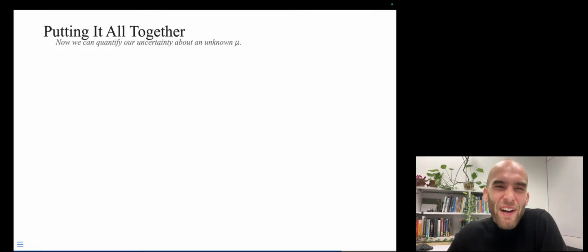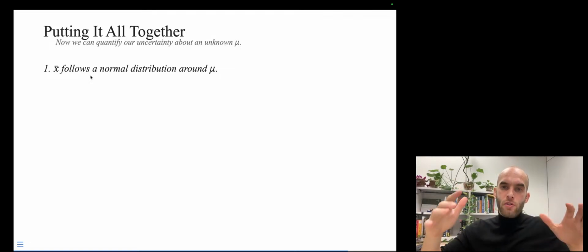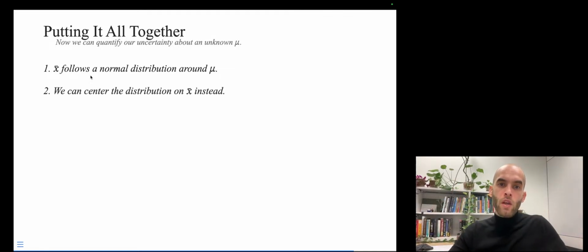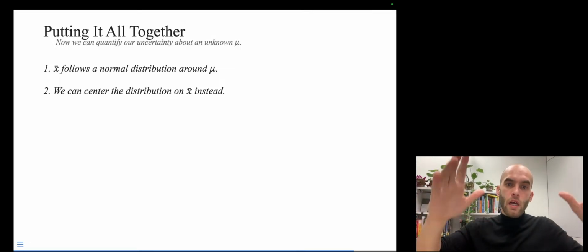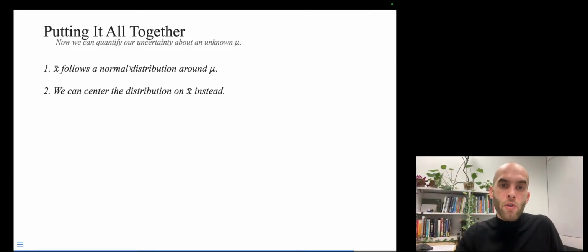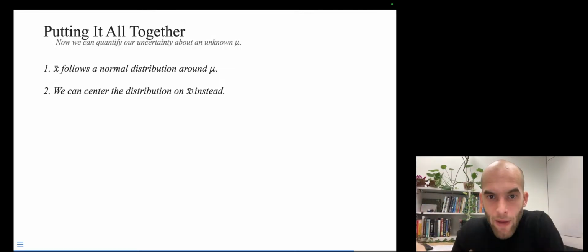Okay, so what this means in total is x bar we can think of as following a normal distribution around the truth. We can center this distribution on the truth. So this normal distribution around the truth, we can actually just center on x bar because it's mathematically identical.